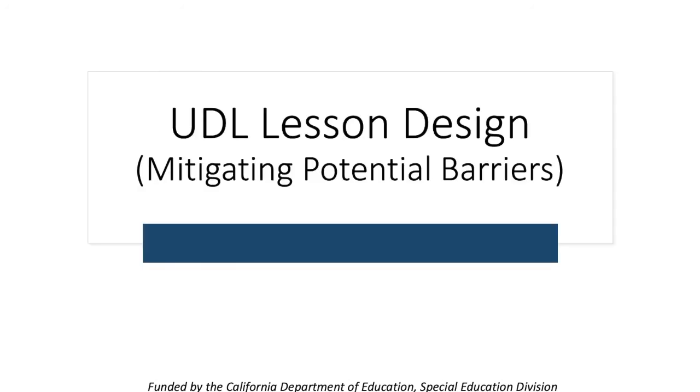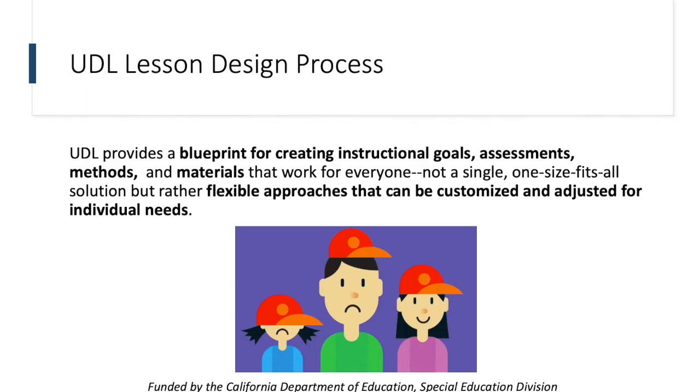The final section of this session focuses on the UDL blueprint for creating accessible lesson plans and equity in the delivery of instruction. UDL provides a blueprint for creating instructional barrier-free goals, also referred to as lesson objectives, valid and reliable assessments that are construct relevant, effective teaching methods and materials that assist with deepening understanding of abstract concepts using flexible approaches that could be customized and adjusted for individual needs.